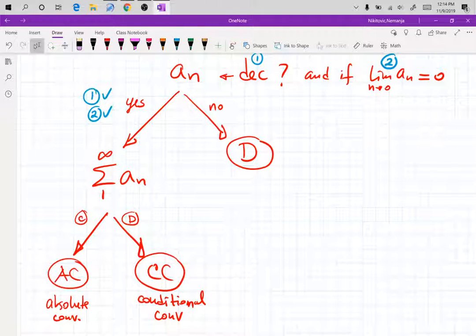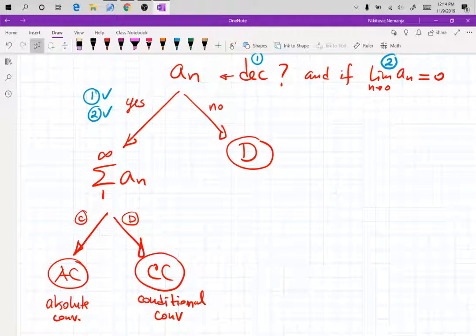Now, it's worth mentioning, and we'll see the details of this when we do a couple of exercises, that all of the convergence you had so far, and we covered 7 tests, was absolute convergence. We never called it that, but it was all absolute convergence. So this is your good old convergence as you know it.